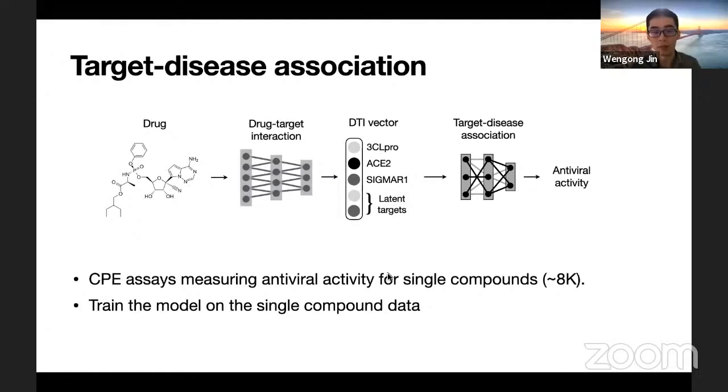This is from UNCATS, which contains around 8,000 compounds with their labeled activity against SARS-CoV-2. So the whole model is trained on the single agent activity data, which allows us to fine-tune these latent targets so that they carry relevant information rather than being totally free.